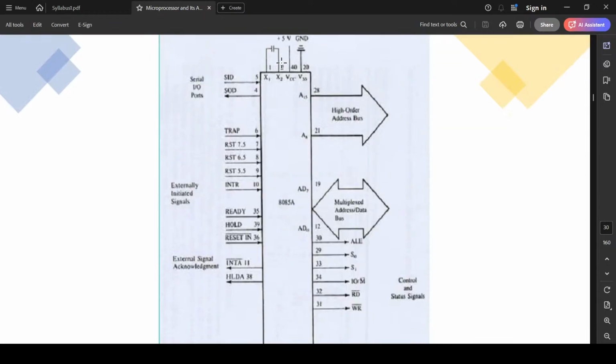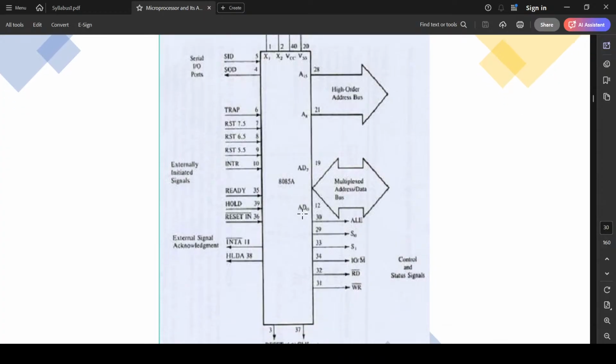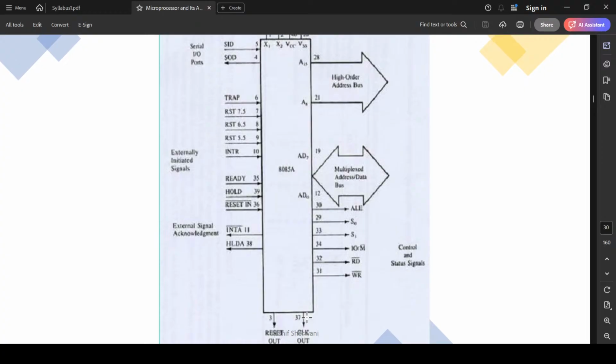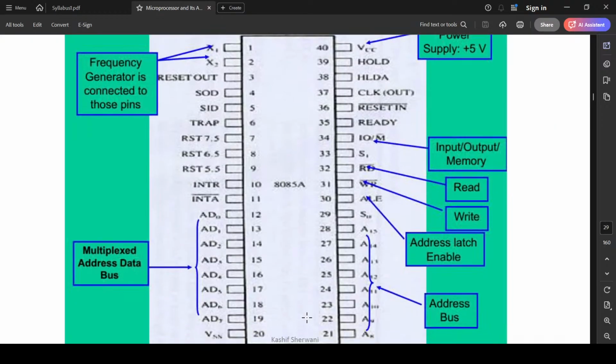Reset out should be on pin 3. Yeah, here: reset out and clock out. Yes, we have remembered everything.